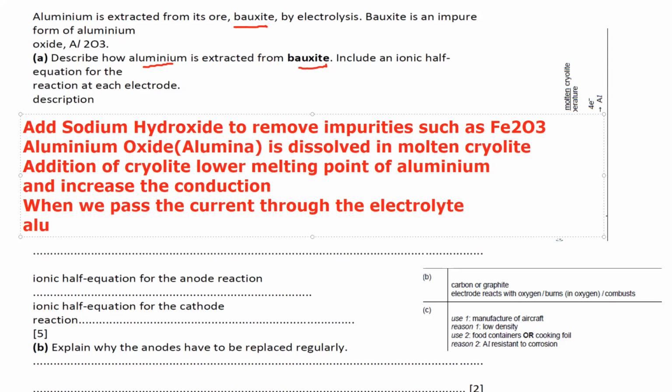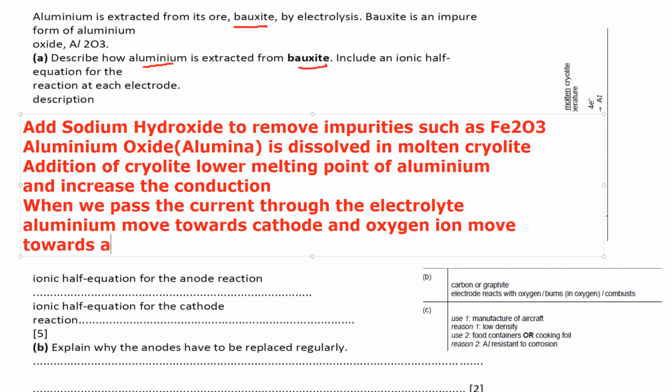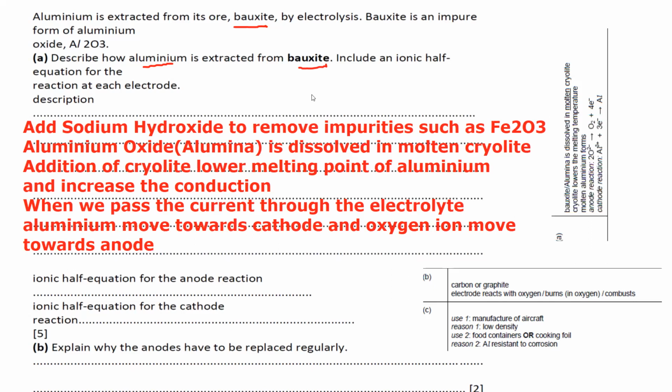Aluminium ions move towards the cathode because they are positive ions, and oxide ions move towards the anode. And then we have to write the ionic half equation, meaning the equation for what will happen at the anode and what will happen at the cathode.